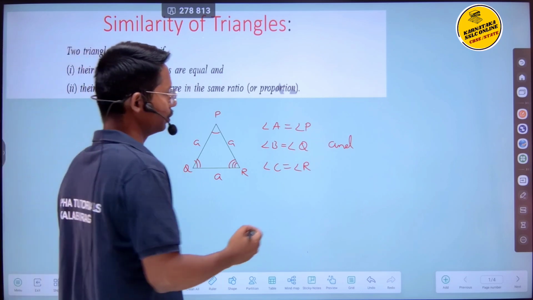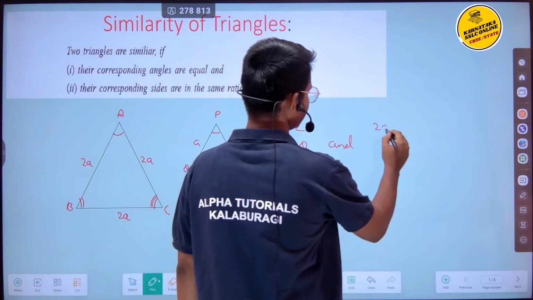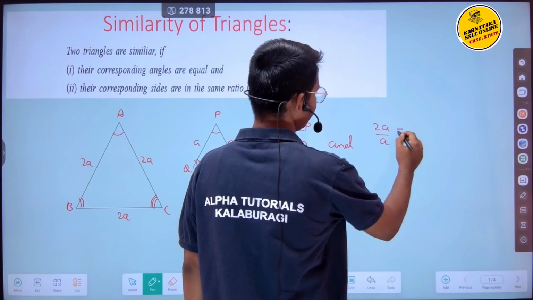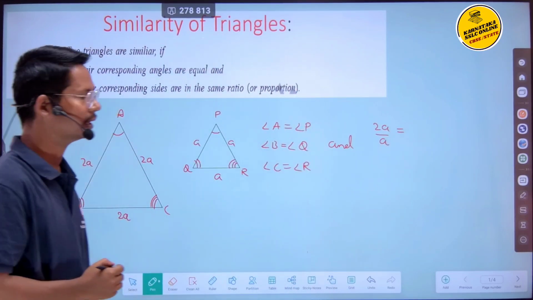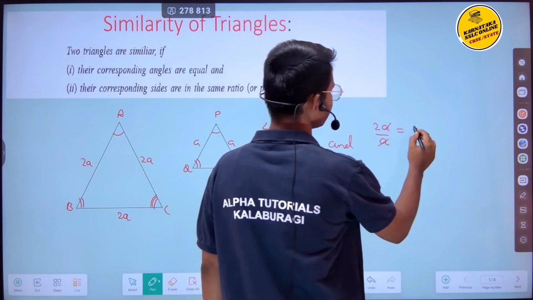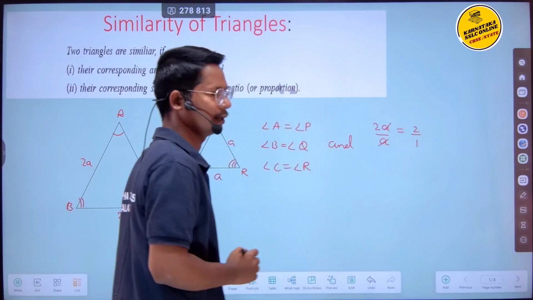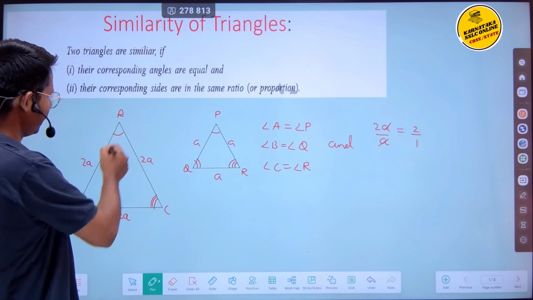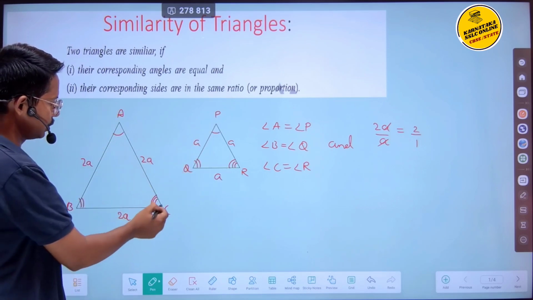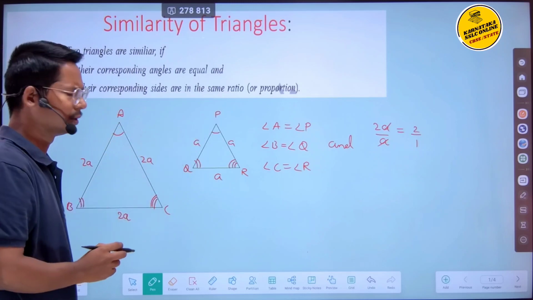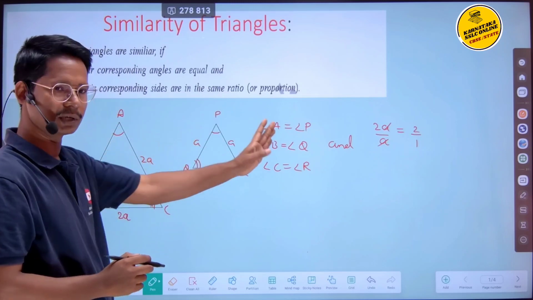If you take the ratio of corresponding sides, 2a by a, the a gets cancelled and you get 2 by 1. It means AB by PQ is equal to BC by QR is equal to CA by RP. So the corresponding sides ratio is also the same.